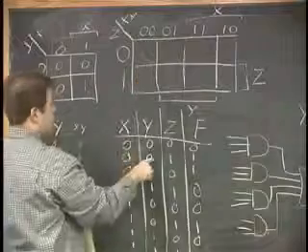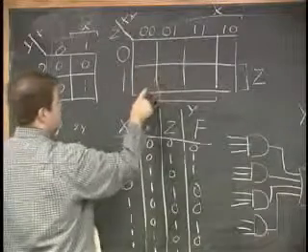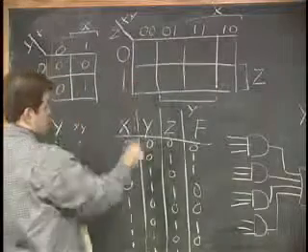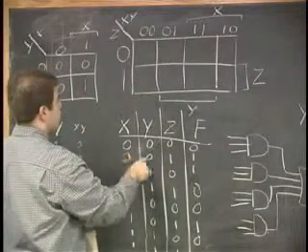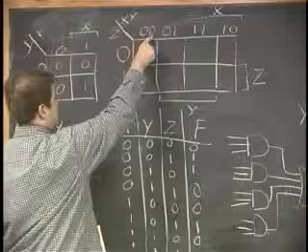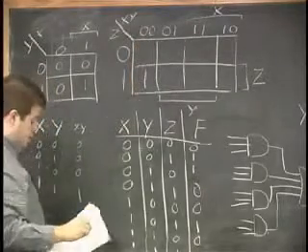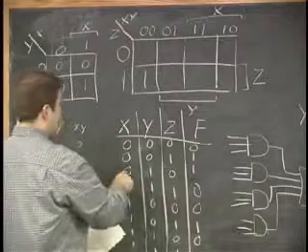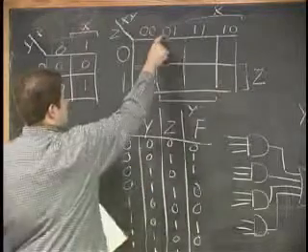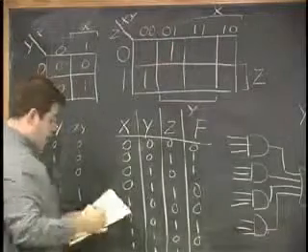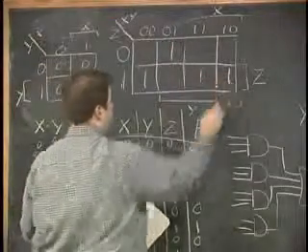Then we do not y, which is these 2 spaces, and z. So 0, 0, 1. Okay, so we put a 1 there. Then we go to the next one, 0, 1, 0, 1, 0, 0. So we put a 1 there. And we keep filling in, and we get a 1 there and a 1 there.